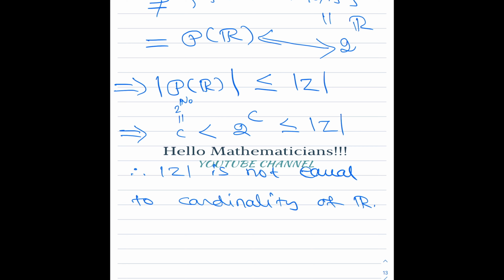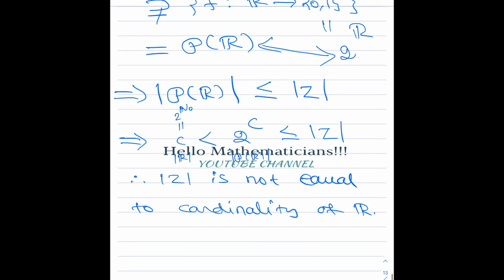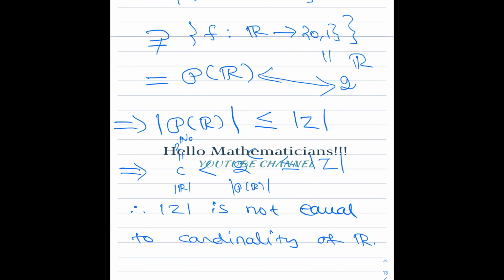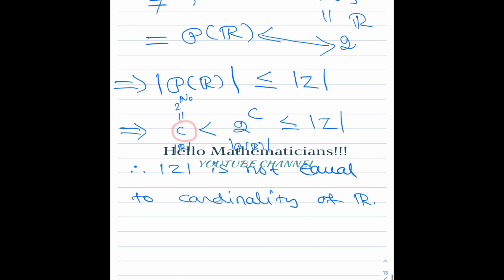So if C is the cardinality of R, then the power set of R will have cardinality 2 power C. Since the cardinality of Z is greater than or equal to the cardinality of the power set of R, the cardinality of Z is greater than or equal to 2 power C, and 2 power C is strictly greater than C. Therefore the cardinality of Z is strictly greater than C, so it cannot be equal to 2 power aleph naught. Therefore, the cardinality of Z is not equal to that of R.